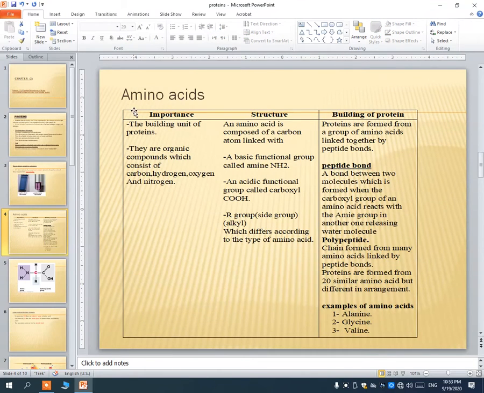As we said, the monomer of protein is amino acid, so amino acid is the building unit of protein. Amino acids are organic compounds which consist of carbon, hydrogen, and oxygen, and they also have nitrogen. Here's the structure of amino acids.